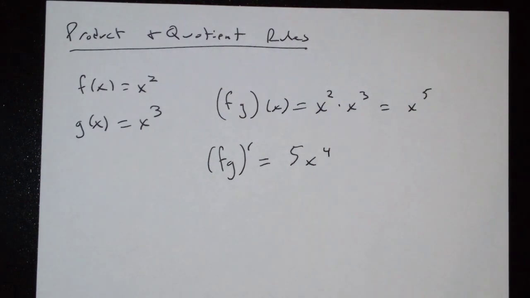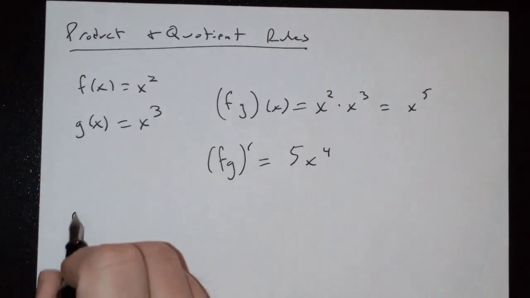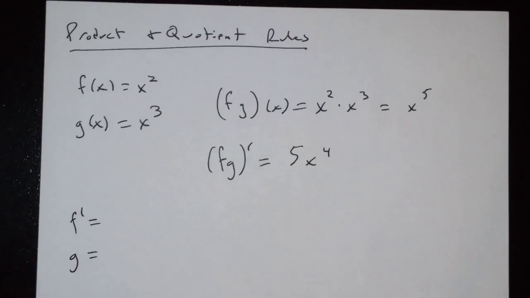When I added, I just added the derivatives. When I subtracted, I just subtracted the derivatives. If I had a number and I multiplied, I just left the number there and took the derivative of the part. If I take f prime and g prime, what's the derivative of x squared?